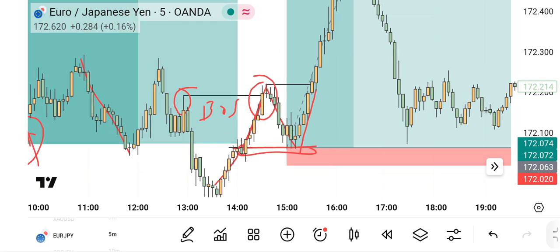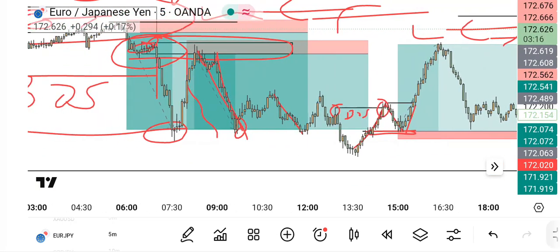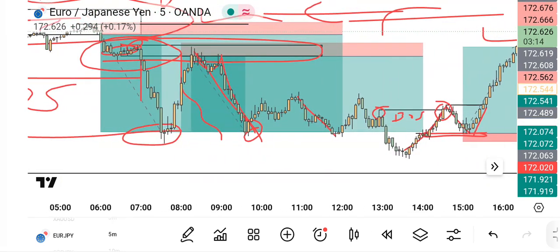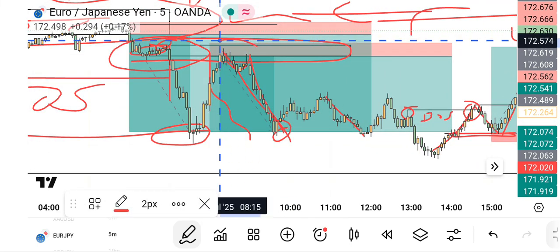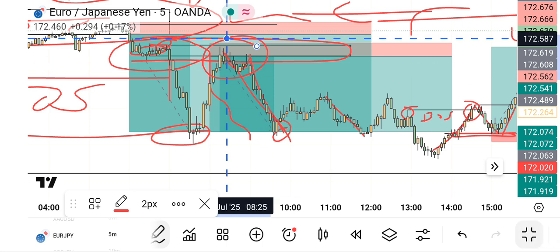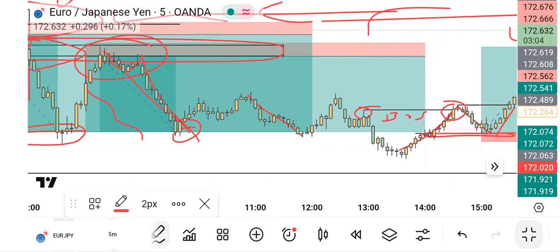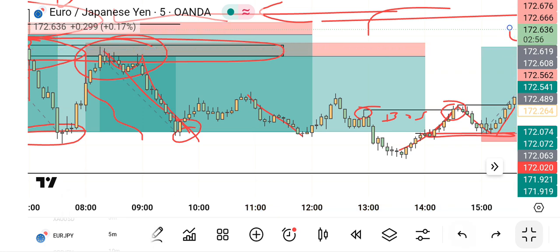Then I'm expecting, where the seller started from, which is this zone. Then I'm expecting the price to clear everything, which means the price is about to get to this zone, which is 172.5 to 531, where my TP was supposed to be.